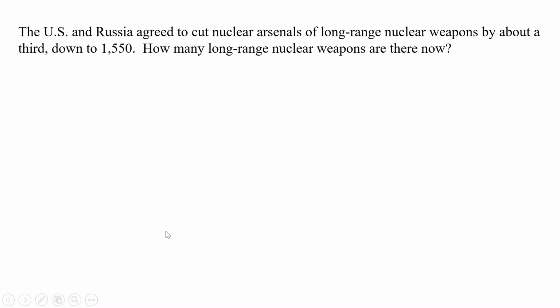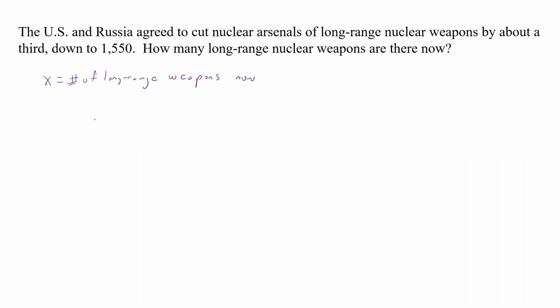All right, so the next one. We have a couple of application problems. This one says the US and Russia agreed to cut nuclear arsenals of long-range nuclear weapons by about a third, down to 1,550. How many long-range nuclear weapons are there now? All right, so let's say x equals number of long-range weapons now.